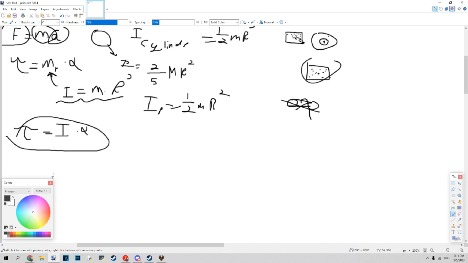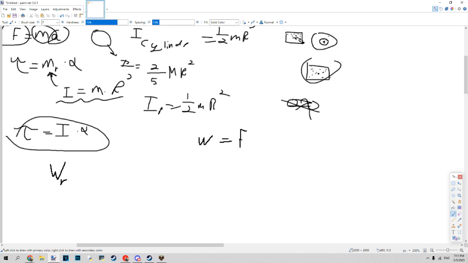So for example, if we wanted to find what rotational work is, you just know that work, not rotational, is already force times distance, right? And we know that theta is equal to distance over radius, so distance is equal to radius times theta.